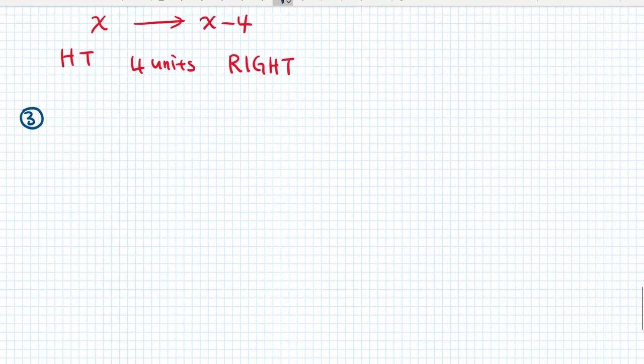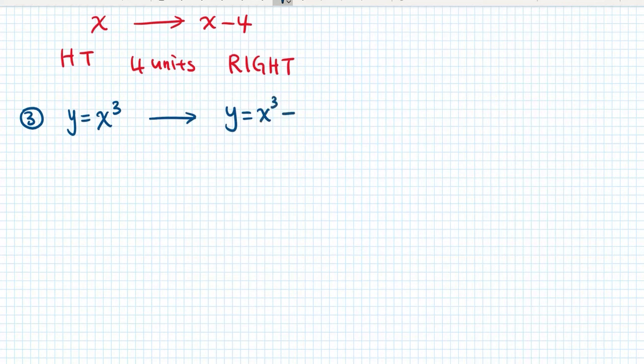Next one, we've got a cubic function, y is equal to x cubed. That is transformed to x cubed minus 5. So x, the variable, stays the same. If we change that form into the original form, which means we're going back to the form that we begin with without isolating the y variable, so that means this goes to the left-hand side.